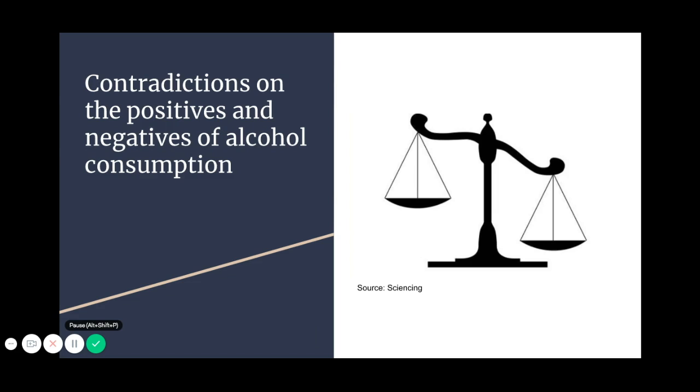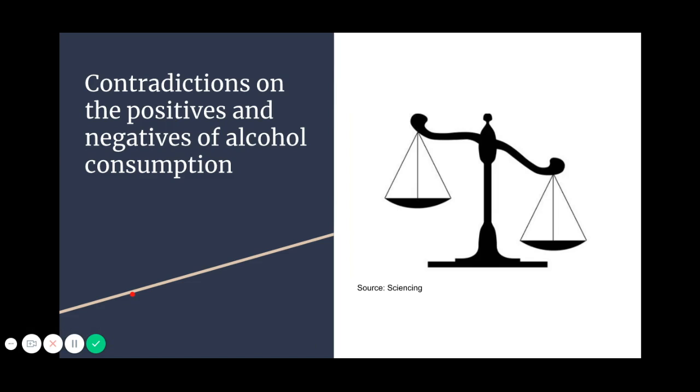Another major problem that we as just normal citizens experience are frequent contradictions on the positives and negatives of alcohol consumption we see in the news. So these contradictions mainly exist through articles stating that alcohol is positive for health, while others stating the exact opposite.